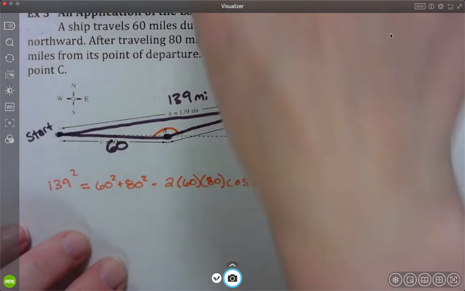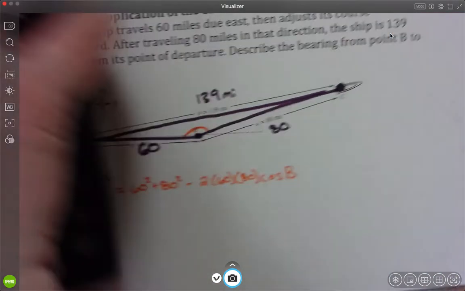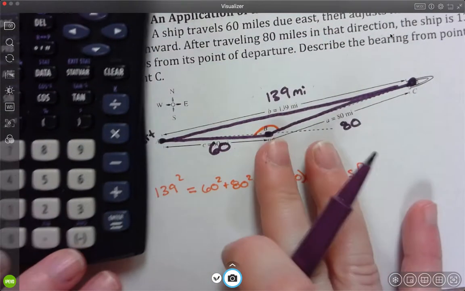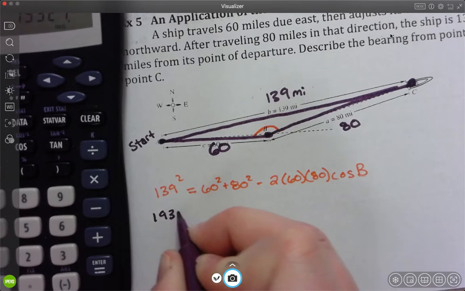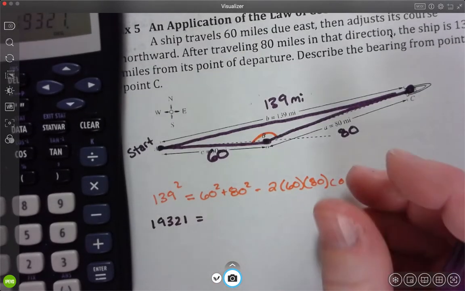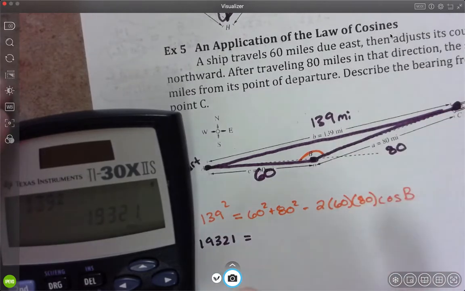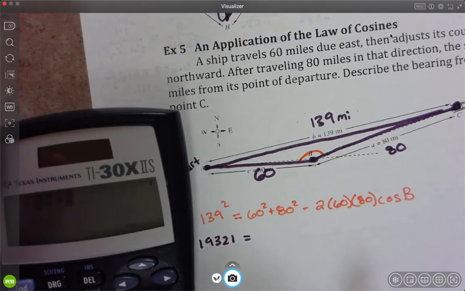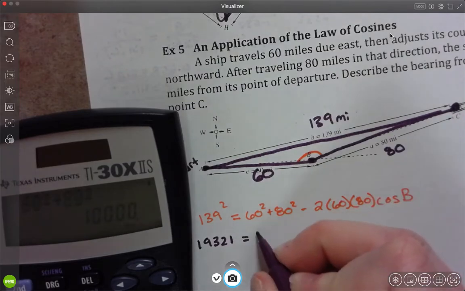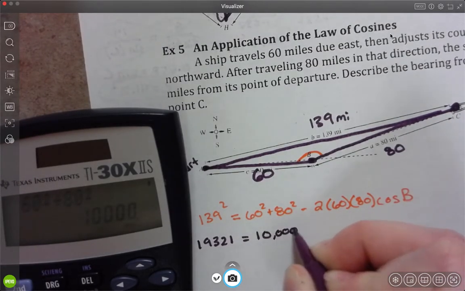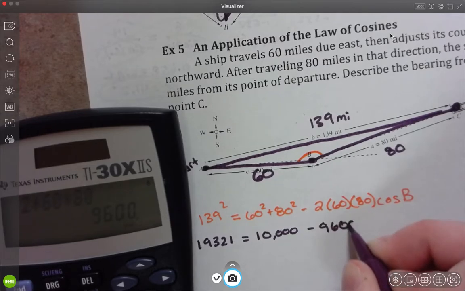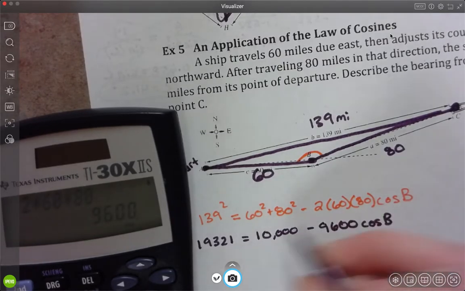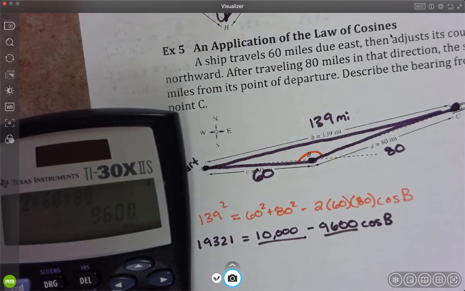Okay, so I'm going to do some of these pieces here. 139 squared is 19,321. Then I'm going to add the 60 squared and the 80 squared together, which is 10,000, minus 2 times 60 times 80, 9600 cosine of B. Make sure you do not try to put 10,000 and minus 9,600 together.